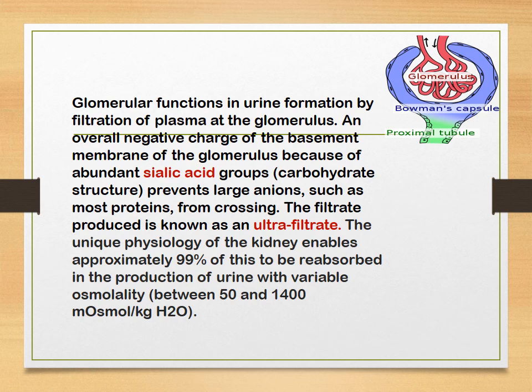So the filtrate is referred to as ultrafiltrate, and it is compositionally similar to plasma, with the exception of the absence of protein that was prevented from entrance and also of blood cells.